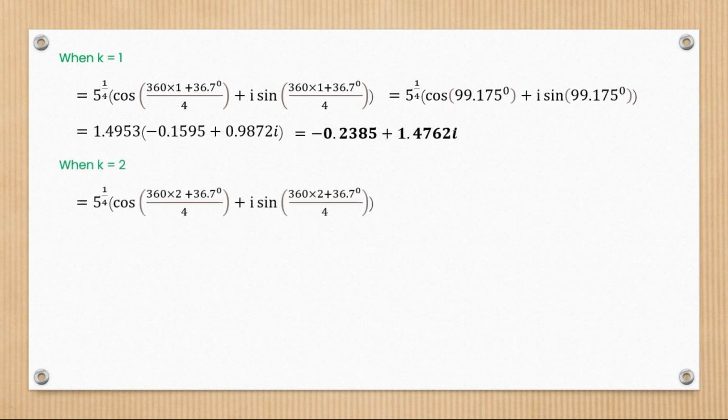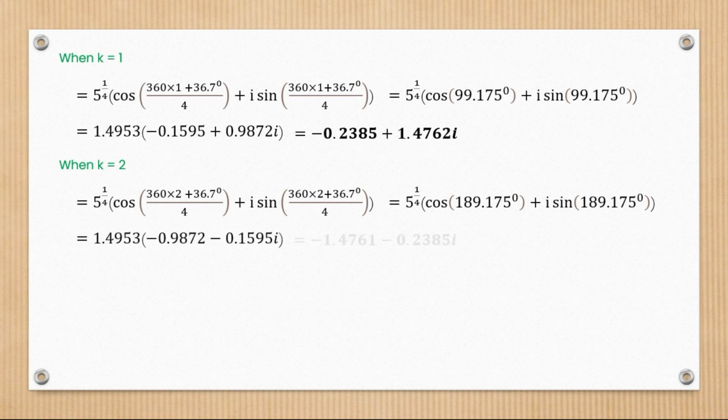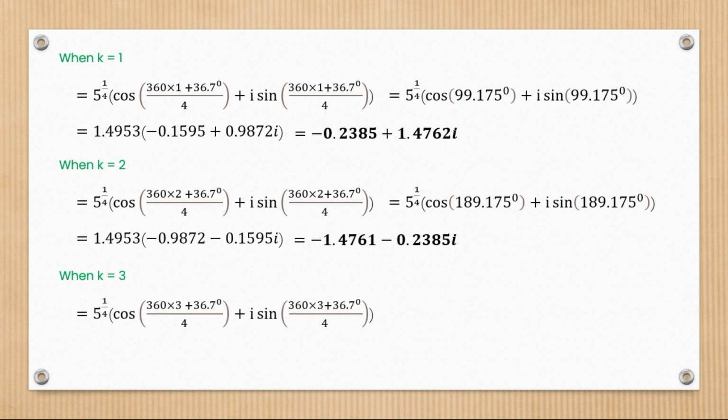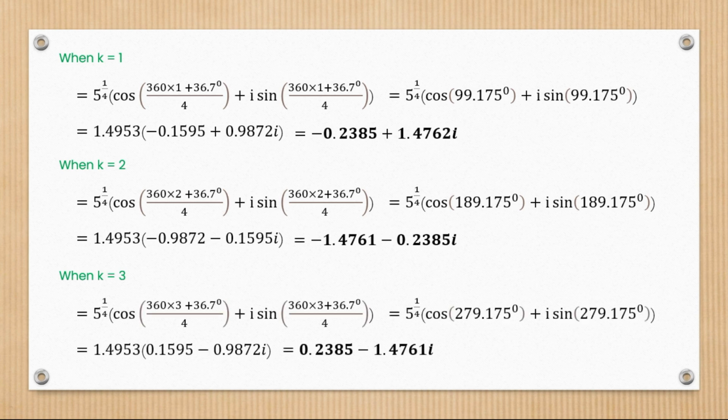When k is 2, this is what we have. And then substituting the values, we end up having negative 1.4761 minus 0.2385i. And then when k is 3, we're going to substitute in the values. We can see that this is what we end up having. Then the answer becomes 0.2385 minus 1.4761i.